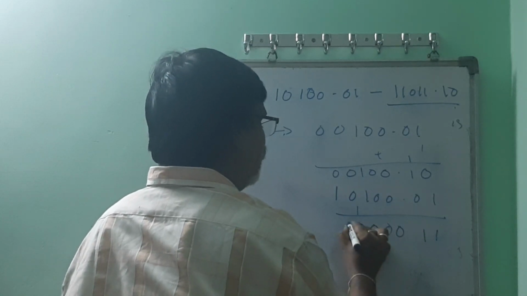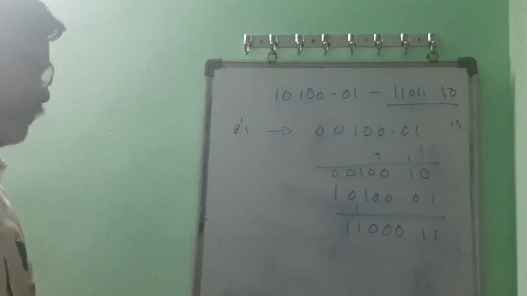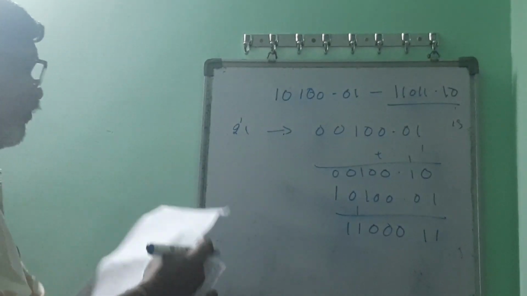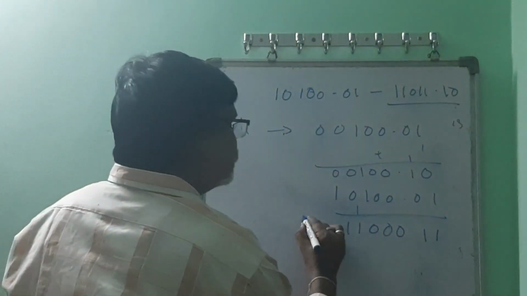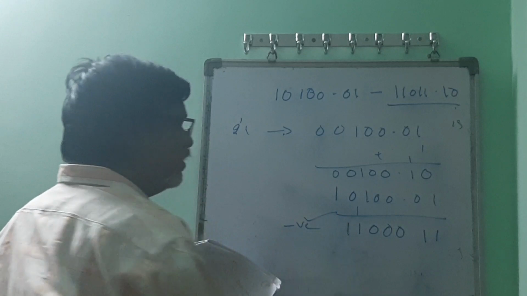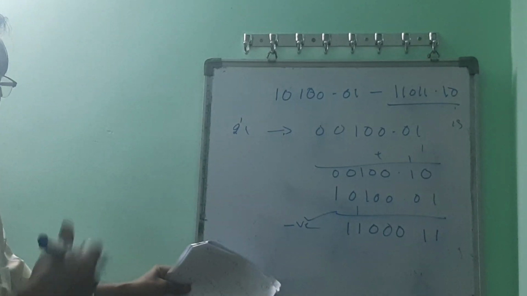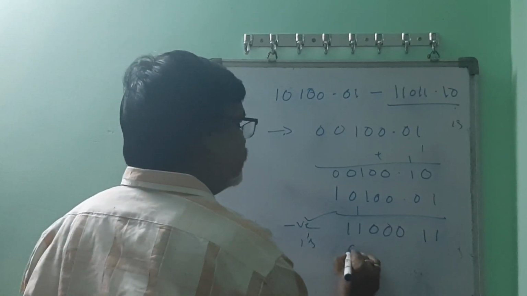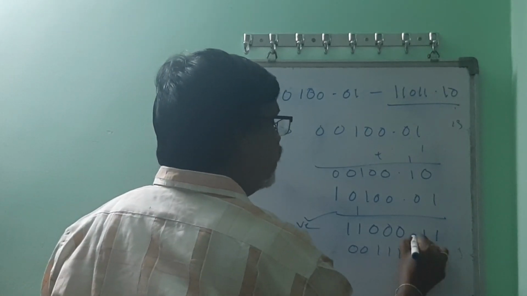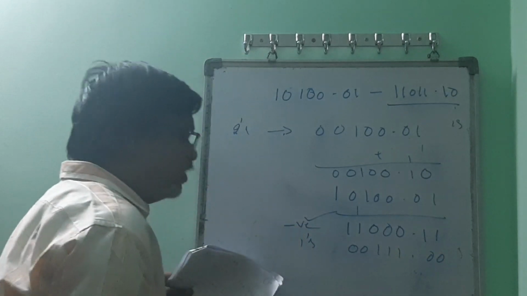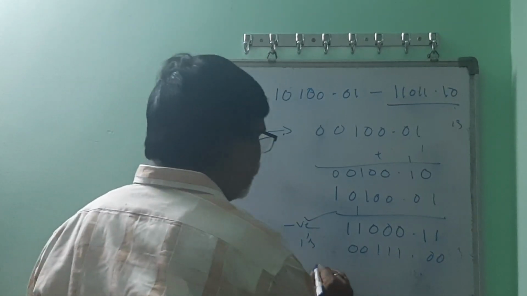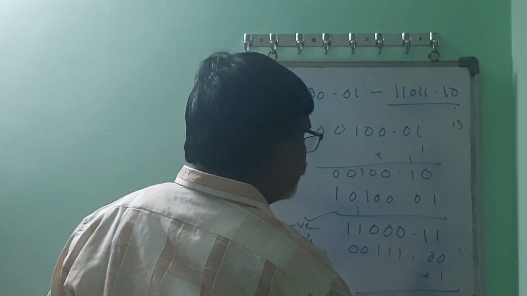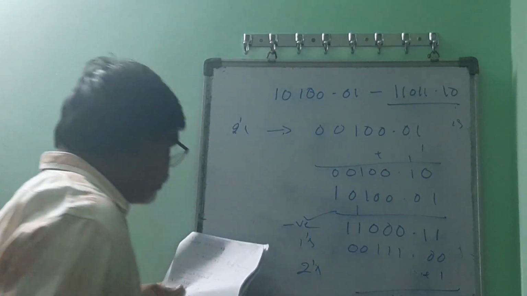So 11000.11. But is there any extra number, any end carry? There is none. So we have to consider this as a negative number and find its equivalent 2's complement. First the 1's complement, 00111.00, and for the 2's complement we add 1, so 00111.01.